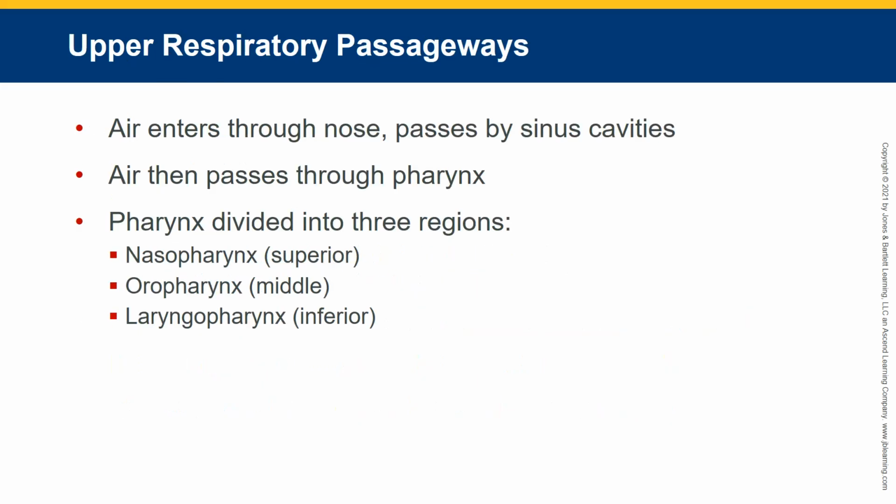And as the air enters the nose, we talked about it just a second ago, how the air came in through the nose, went past the sinus cavities where it gets warmed up a little. It makes sure things stay kind of moist, and off they go. Goes through the pharynx, and then the pharynx is going to be divided into those three regions, the nasopharynx, oropharynx, and laryngopharynx.